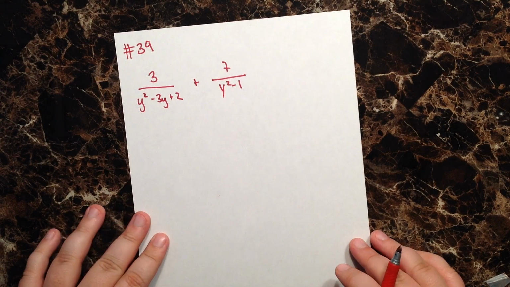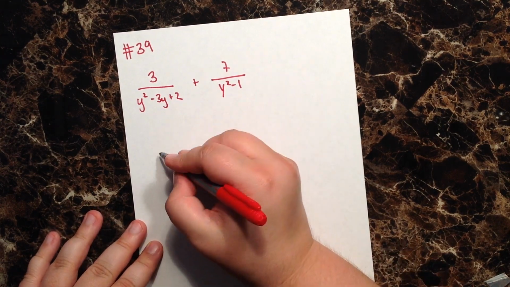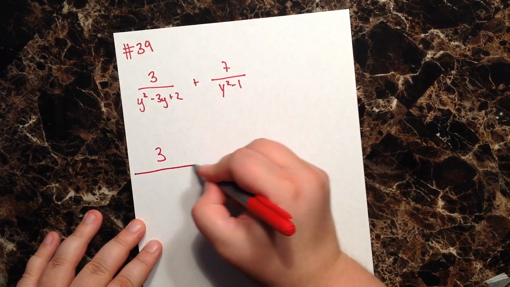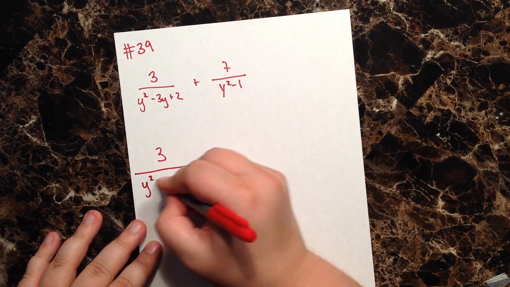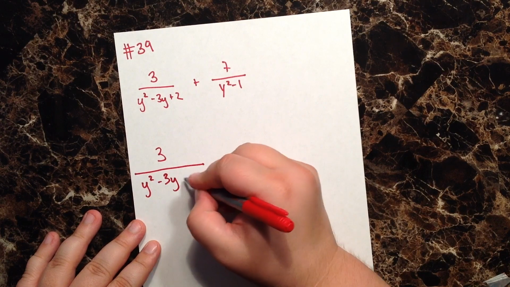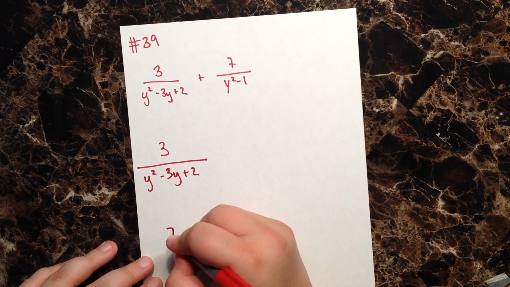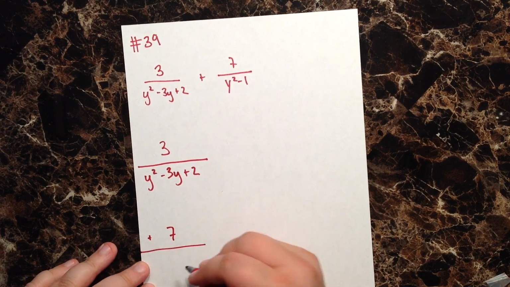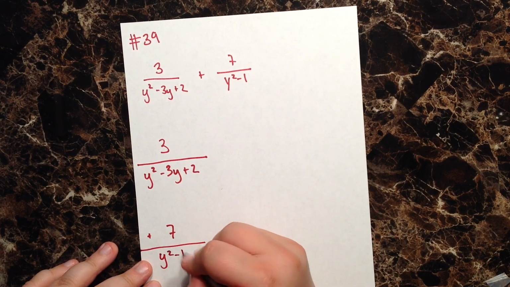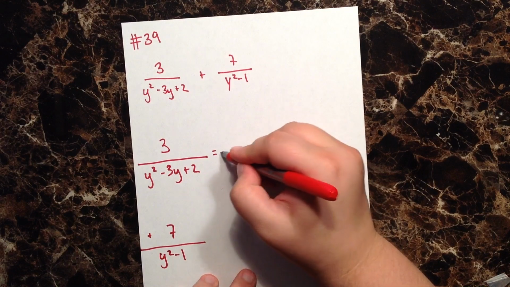So let's go ahead and do that. Let's go ahead and stack. So we have 3 over y squared minus 3y plus 2, and then we have 7 over y squared minus 1.